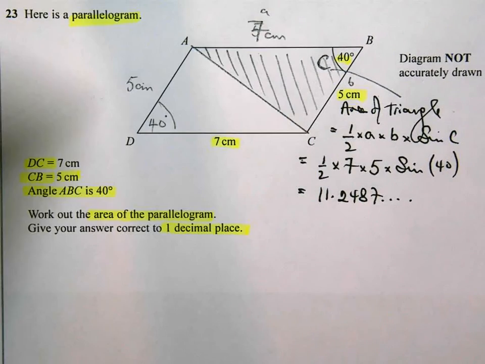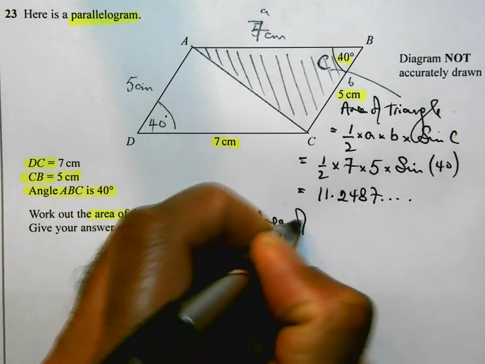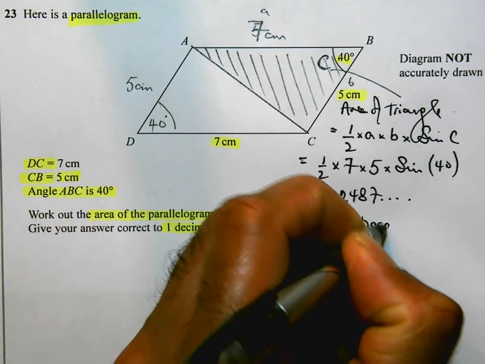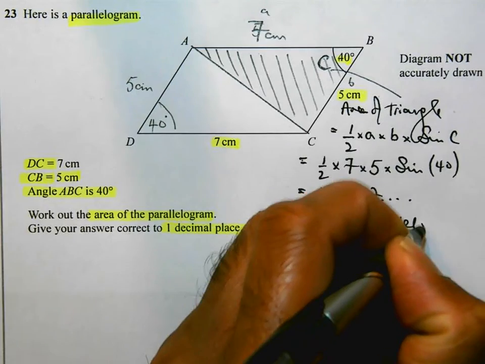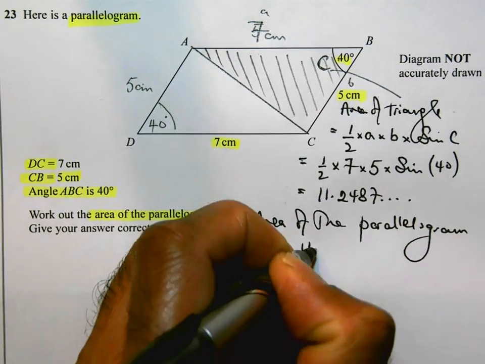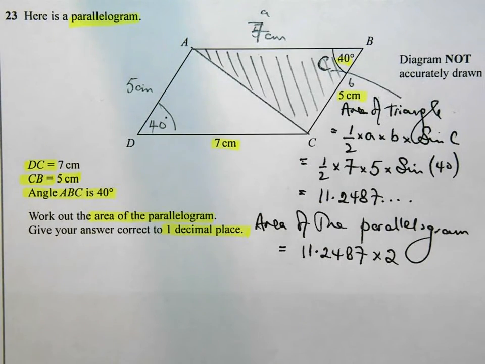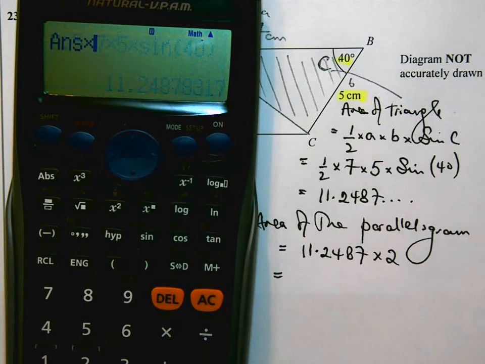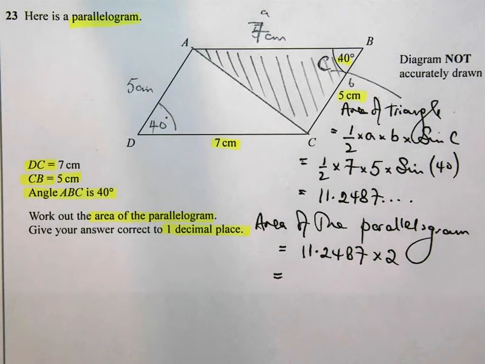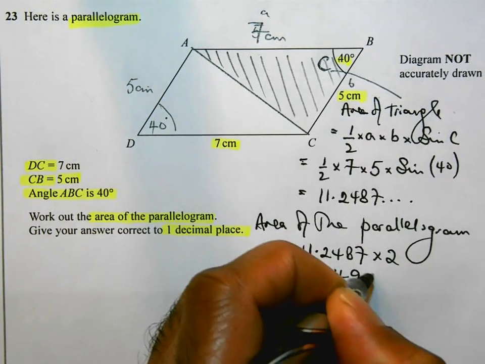So the area of the parallelogram is going to be 11.2487 times 2, which is, and let's do that, times it by 2 equals 22.4975.